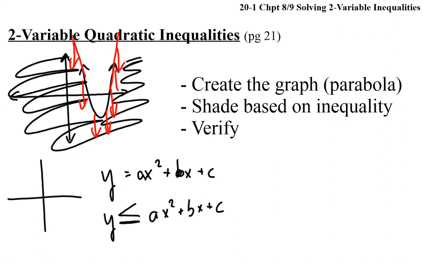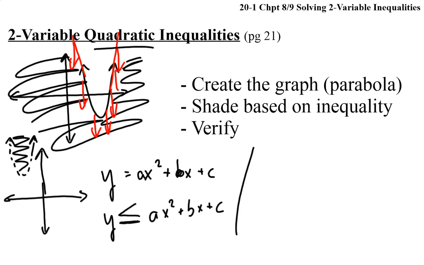Similarly, if I had a different one, let's say I had it over here, a parabola. Whoops, let's do this. Just so again, 2 variable quadratic, if I had this parabola and I had it shaded here. Well, for that one, for the equation, it would be y equals ax squared plus bx plus c.